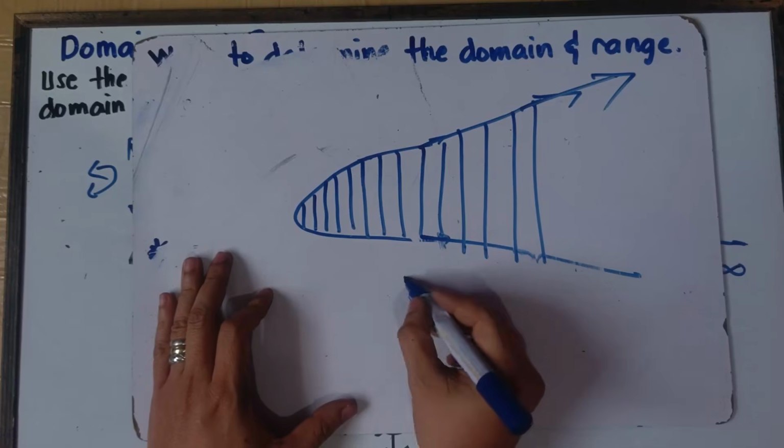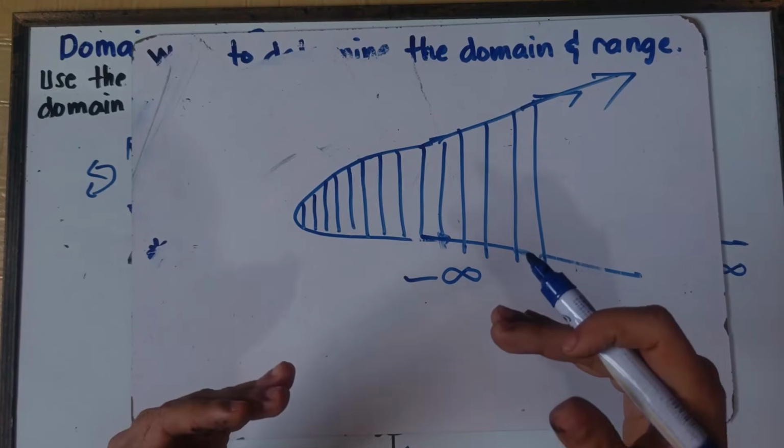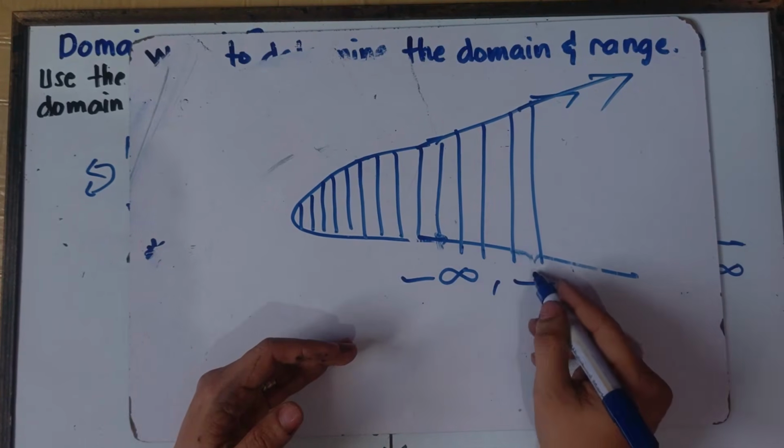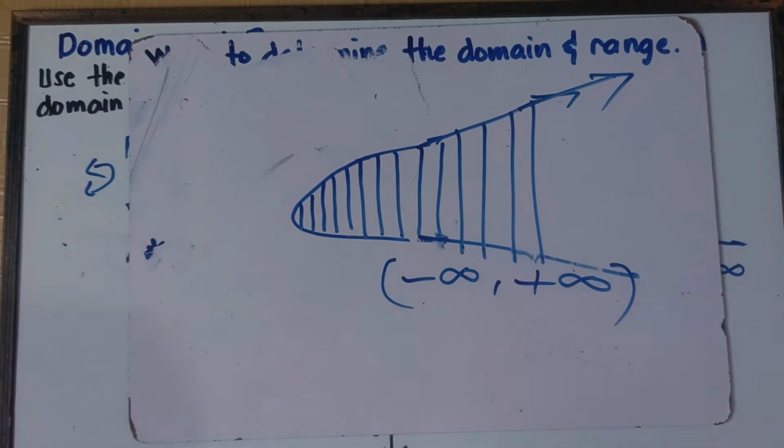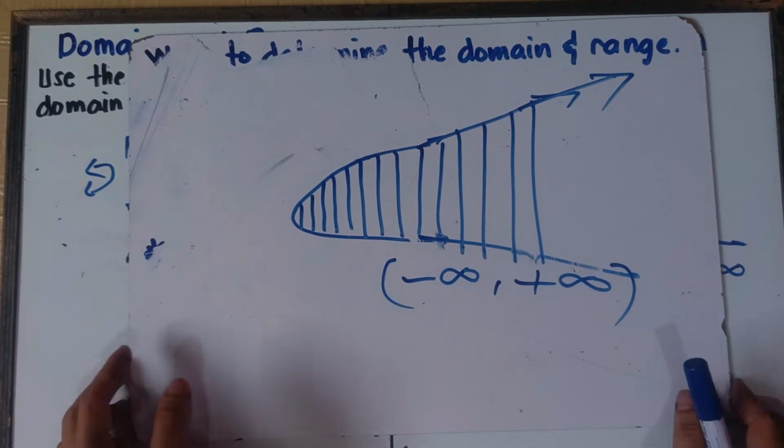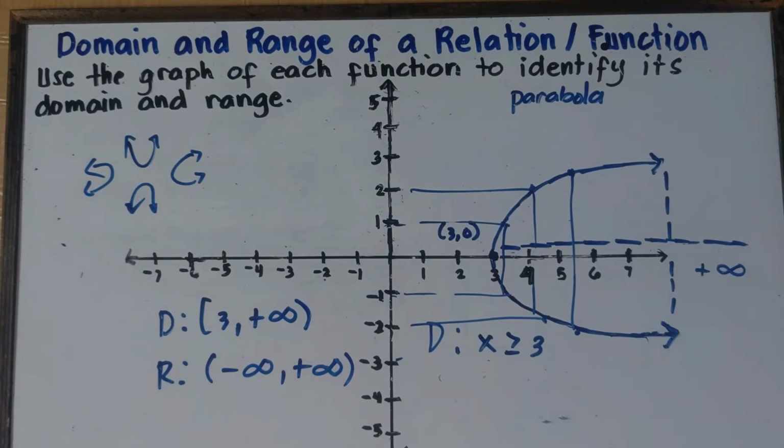So that's why, class, our answer is negative infinity, starting from the bottom part, up to positive infinity. I hope you're not confused with that one, class. That's it, class. This is the answer with regards to the domain and then the range.